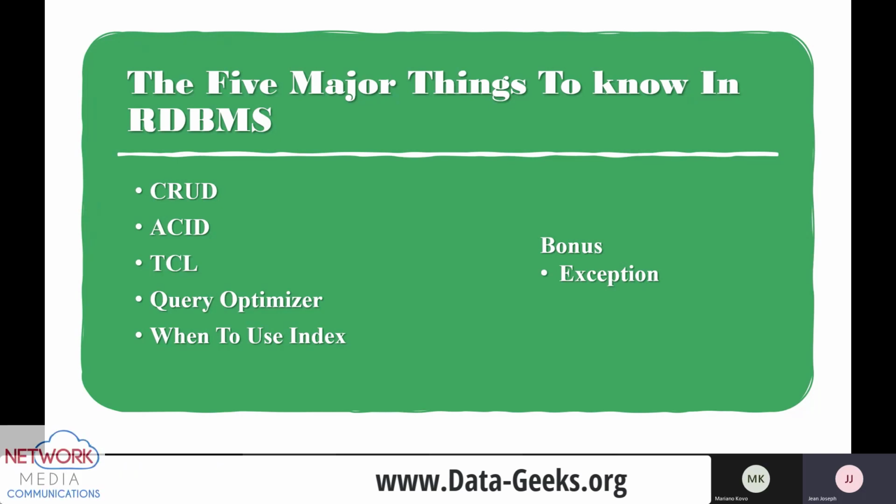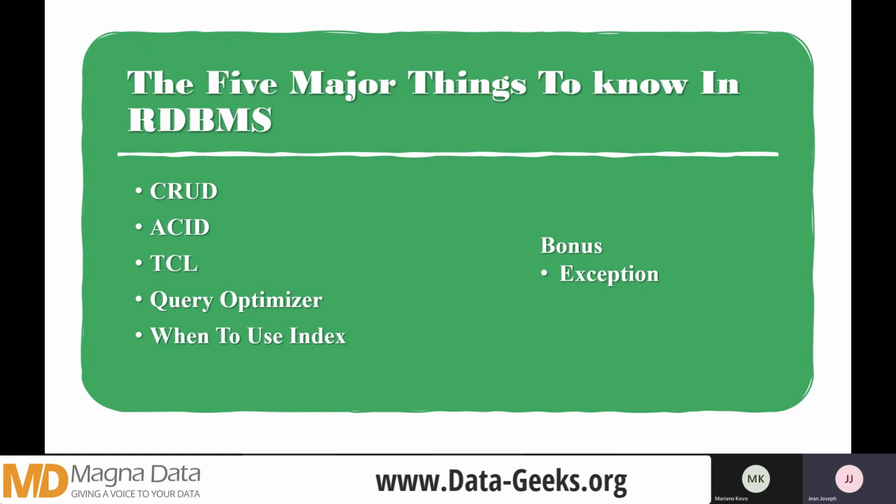Having a basic understanding of the query optimizer may help a bit. And I know it's going to be hard for you to request to create an index and everything, but it would be great as a data scientist to know when to use an index.